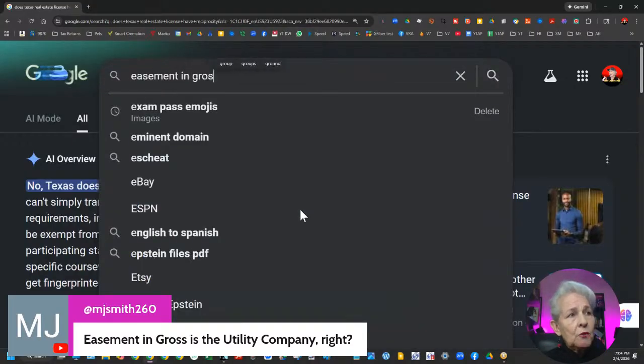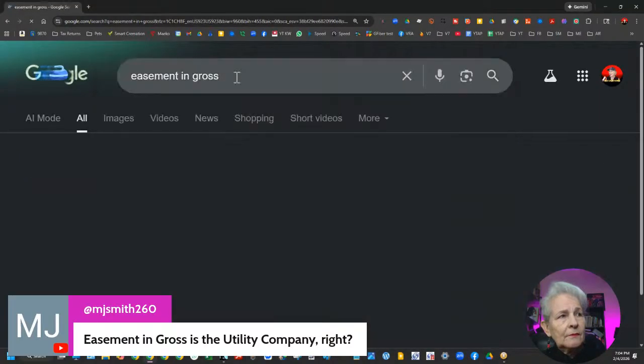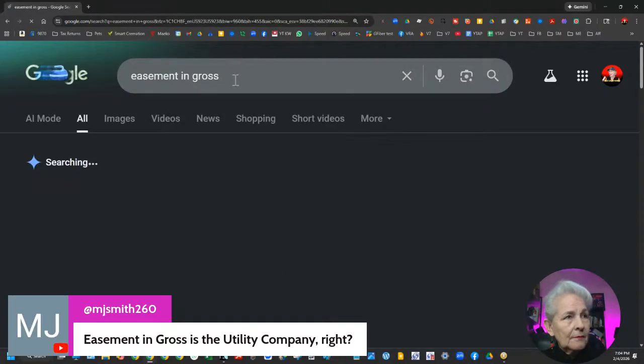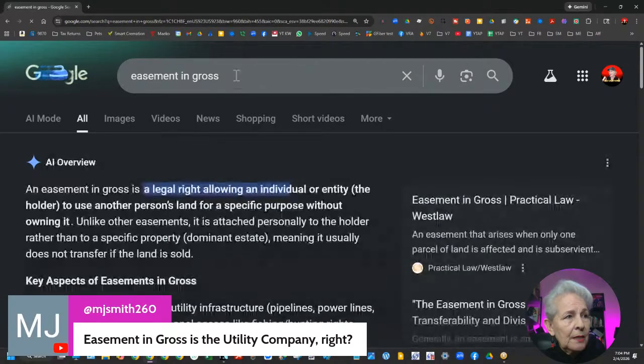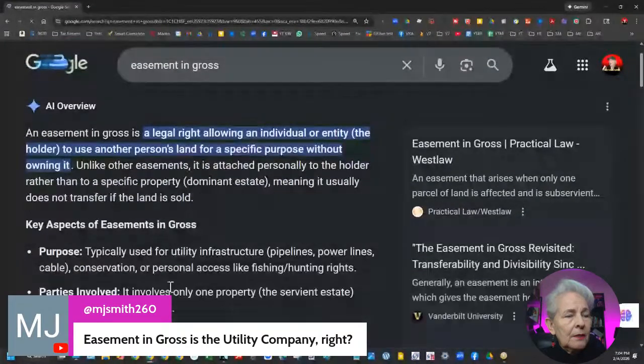Easement in gross. An easement in gross is a legal right allowing use of land for a specific purpose without owning it, such as by utility companies, without a dominant estate.